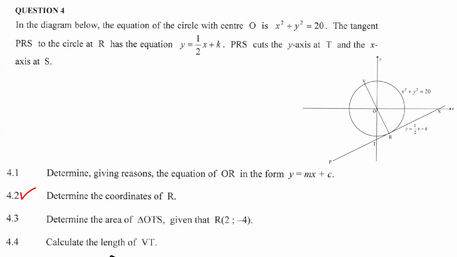If we're doing 4.2, and you already know that the answer here is minus 2x, what are the coordinates of R?